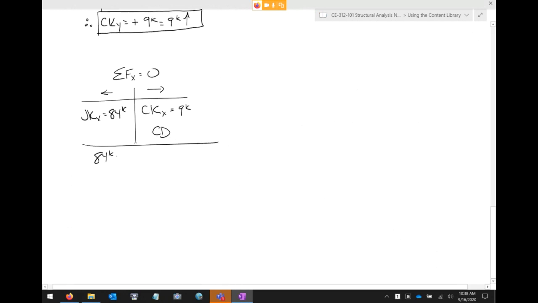So 84 kips is CD plus 9 kips. And so looks like we assumed the correct direction. So therefore, CD is, was that positive 75?